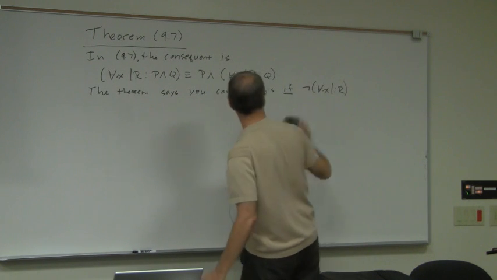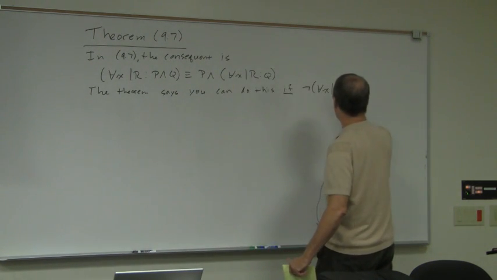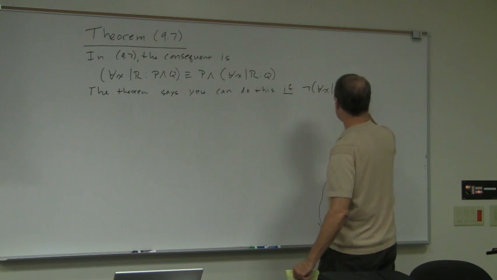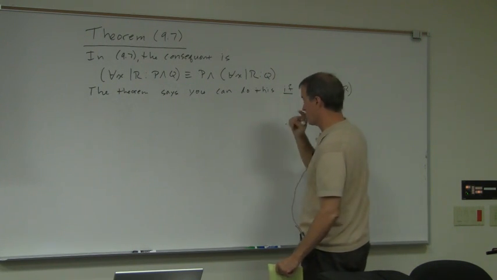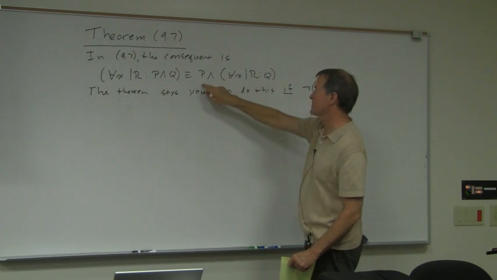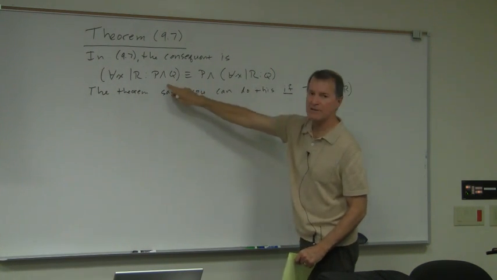Not R. And plus the proviso that P does not contain x free. We always have that proviso, but that proviso is to make sure that we don't have any free variables here that would become bound if we put it in.